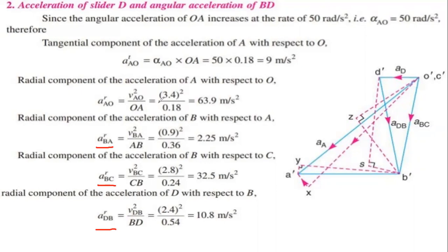And lastly we got the radial component of acceleration of DB as 10.8 meters per second square. Those are the total values obtained in the acceleration of the slider with the tangential and radial components.